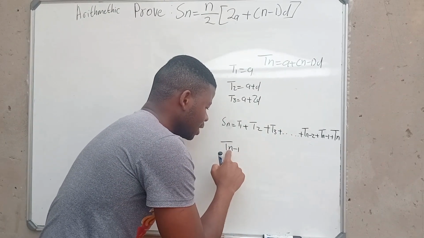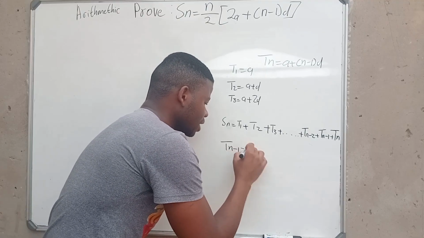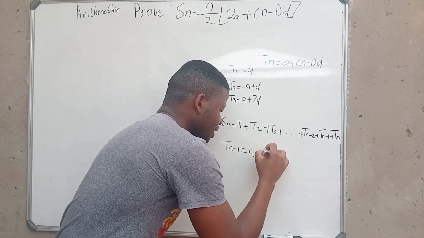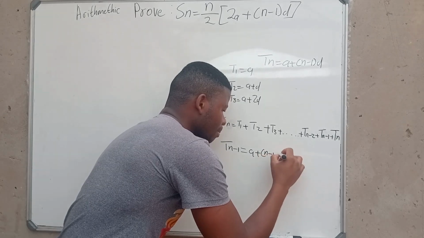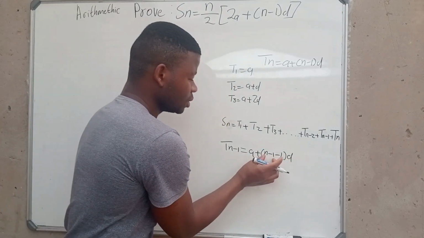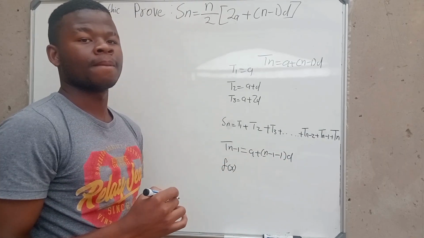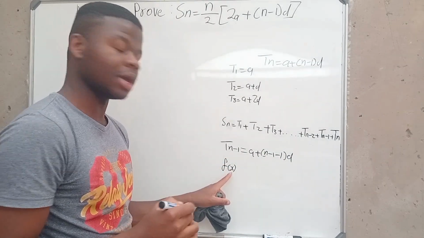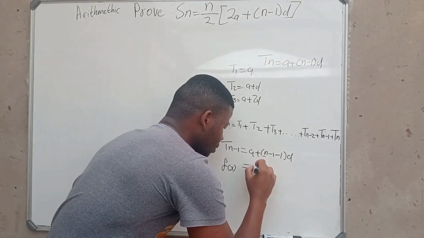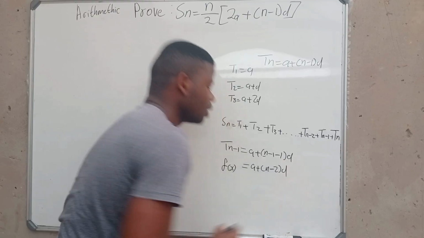So where I see n, I'm going to put n minus 1: A plus n minus 1 minus 1, and then d. Why did I substitute this? Remember, from this thing. You get it? And then here you get A plus n minus 2, and then d.